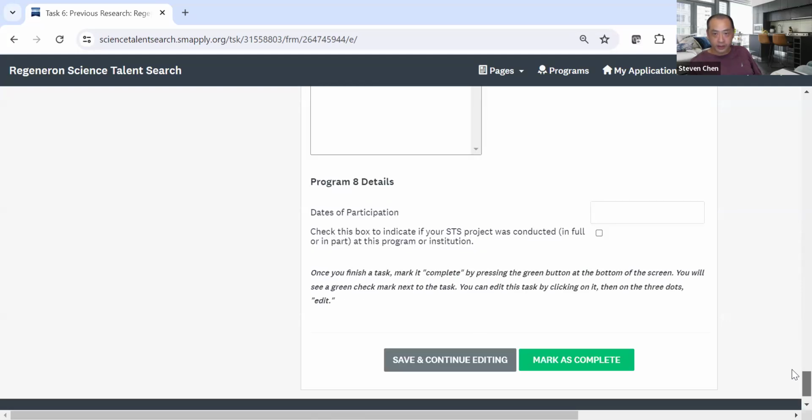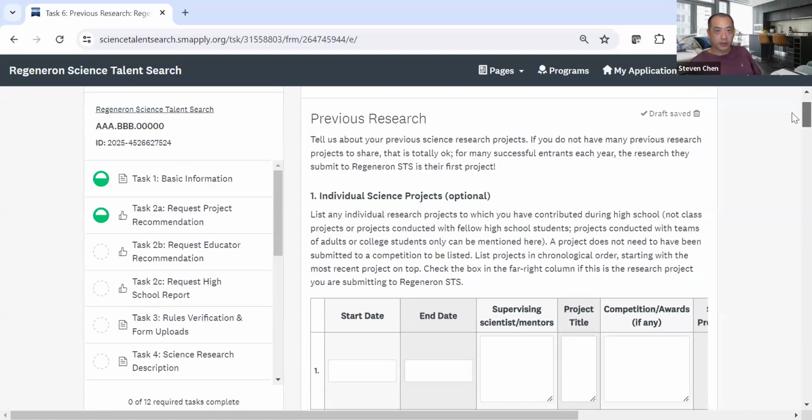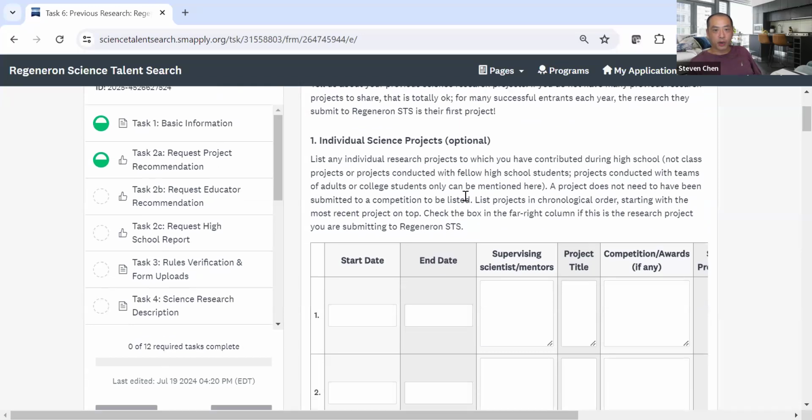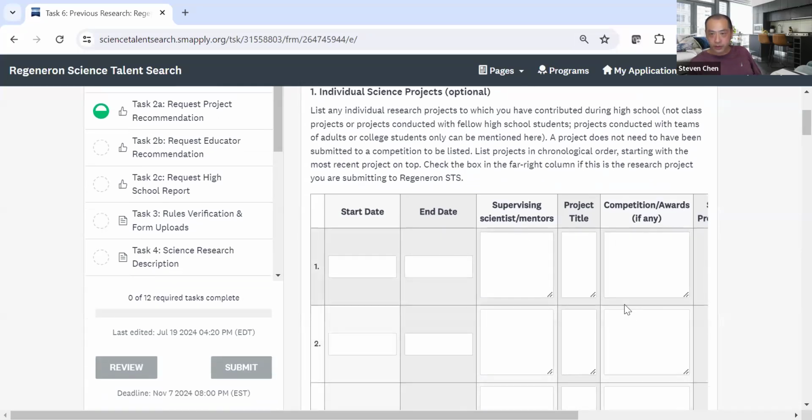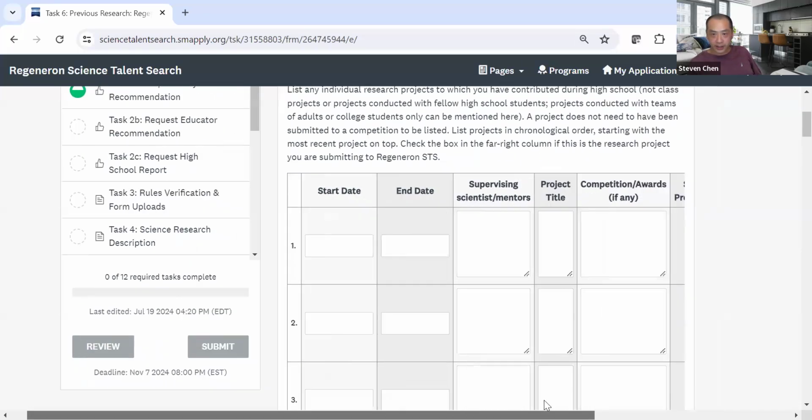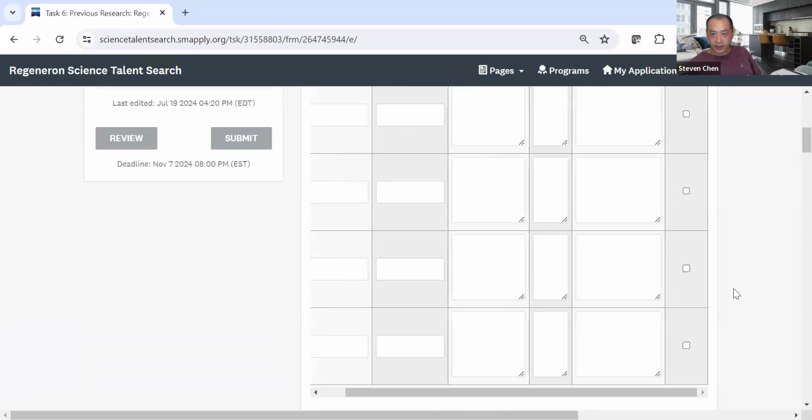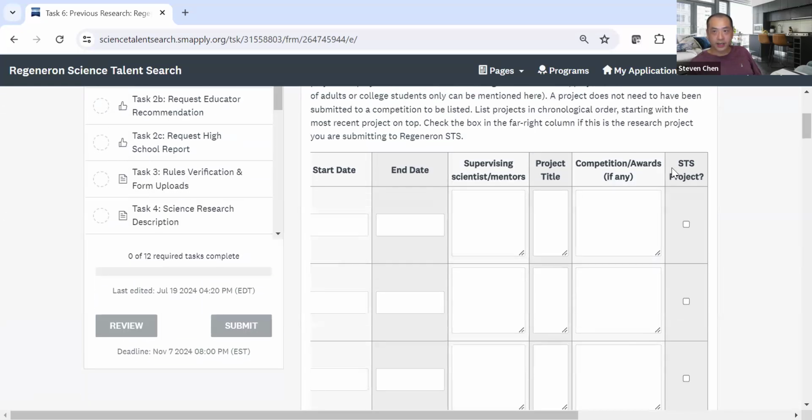All right. Another thing is, when you talk about the previous research for the individual one, let's look at the right column: STS product, yes or no?